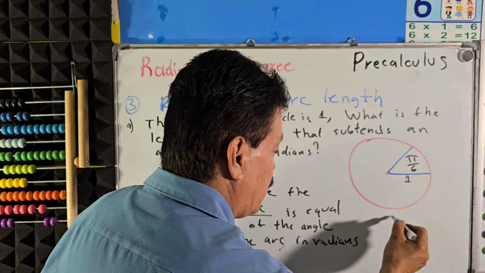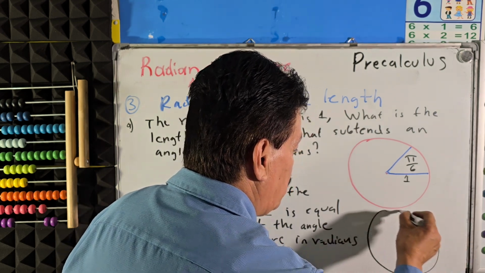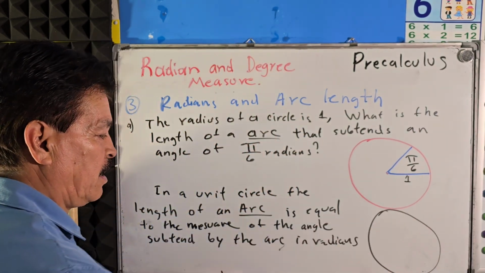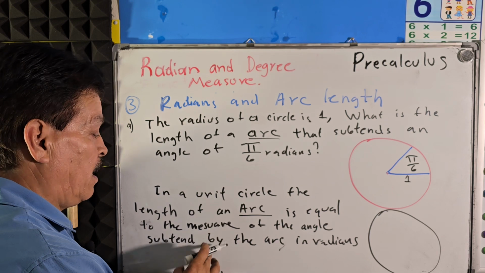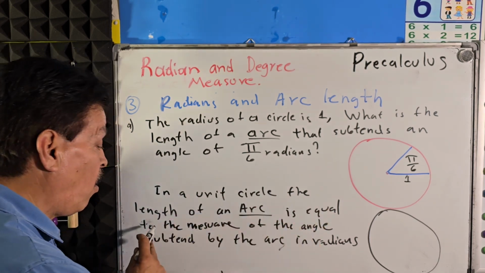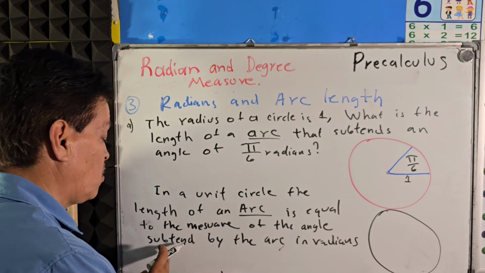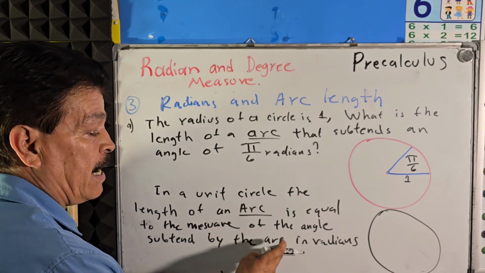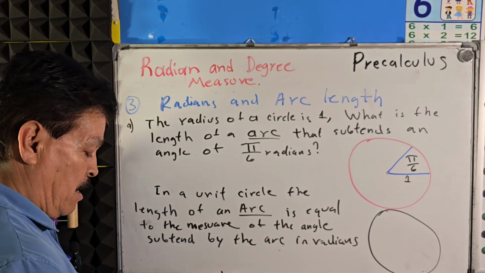Let me write the circle here to explain the concept. So I have the circle right here. This is the main idea. In a unit circle, the length of the arc is equal to the measure of the angle subtended by the arc in radians.